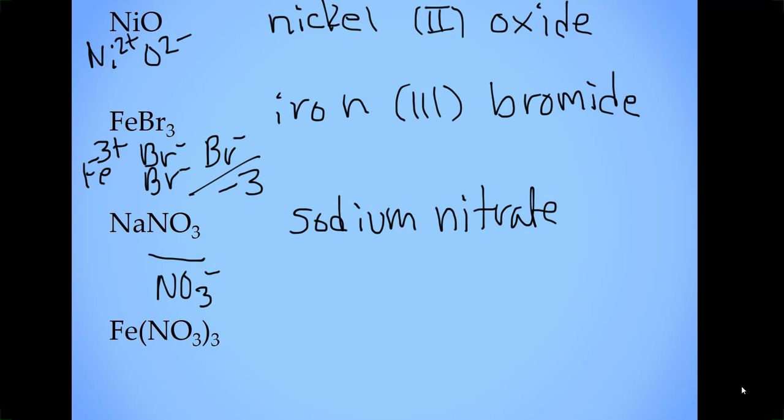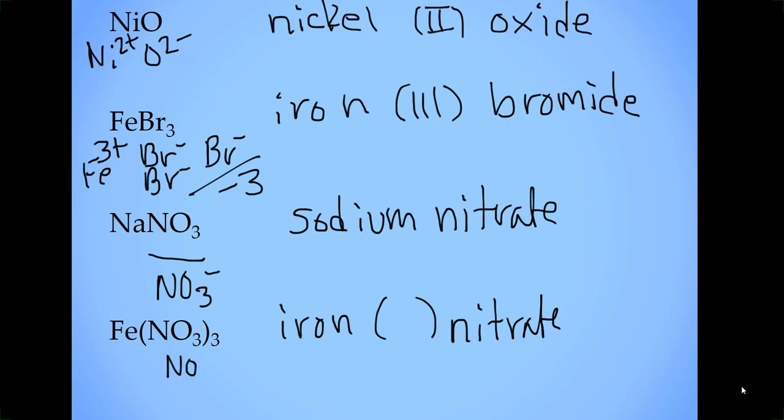Okay, let's do the last one. So we have FeNO3, and there's 3 of them. So I know that's a nitrate. All I have to do is write nitrate. And I do need to name the metal, so it's iron. And iron, we need to figure out which oxidation number it is. So let's look and see what we have.